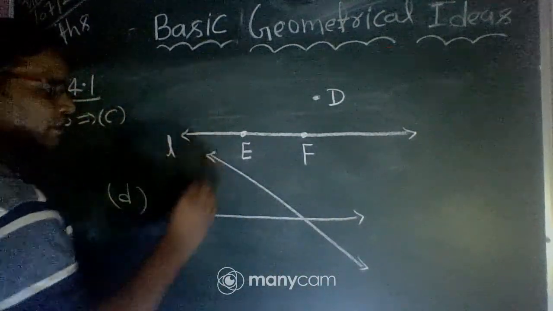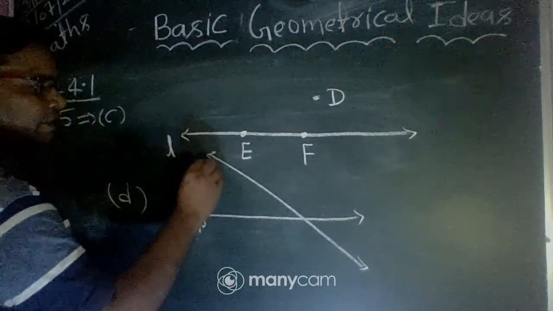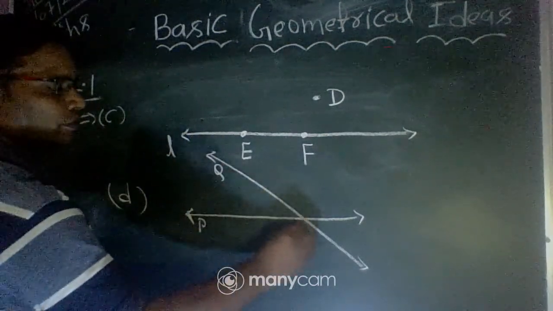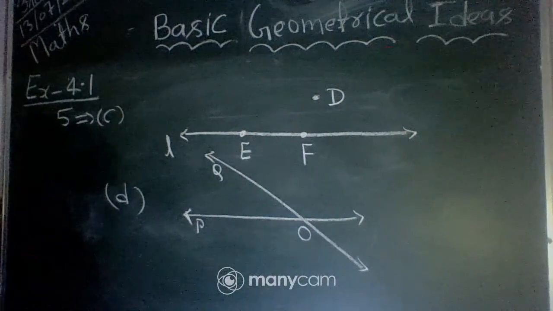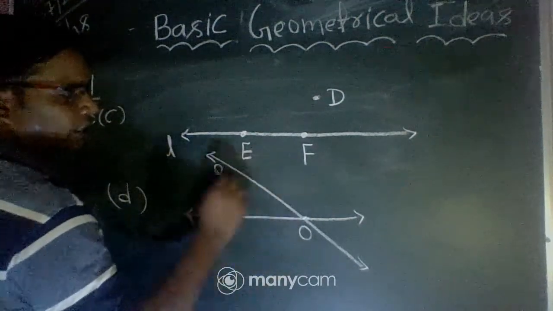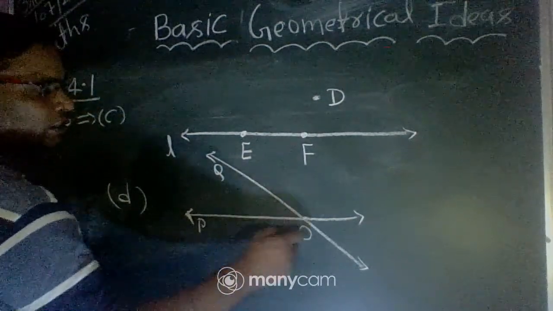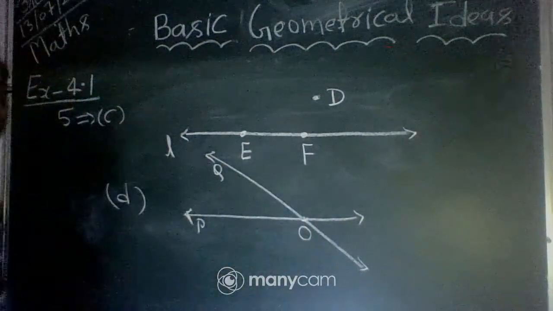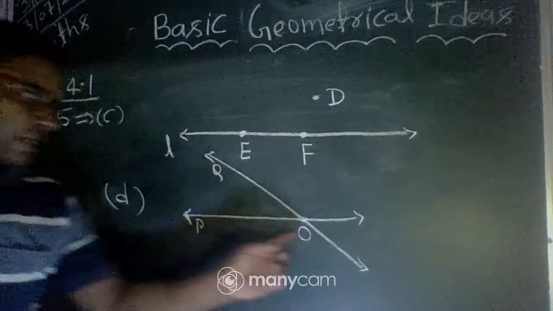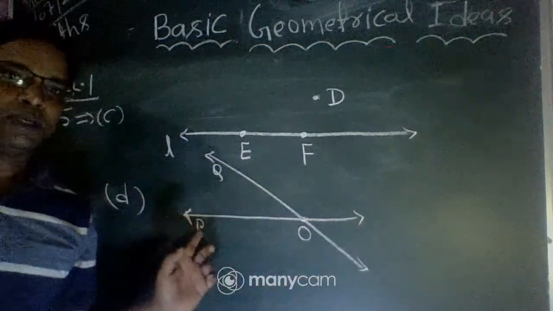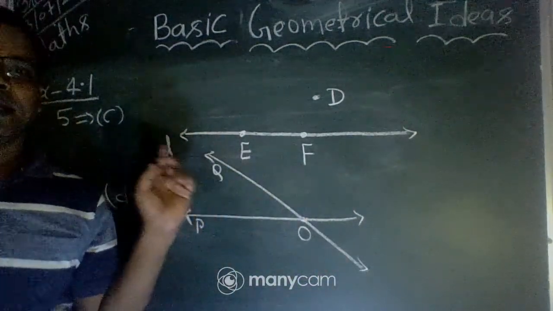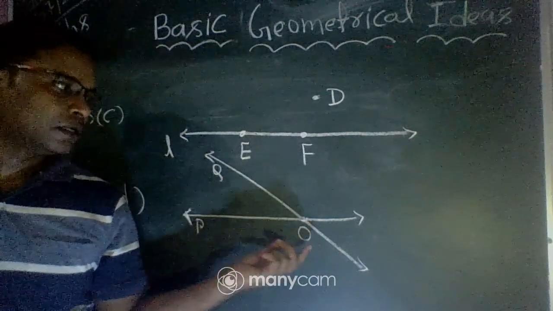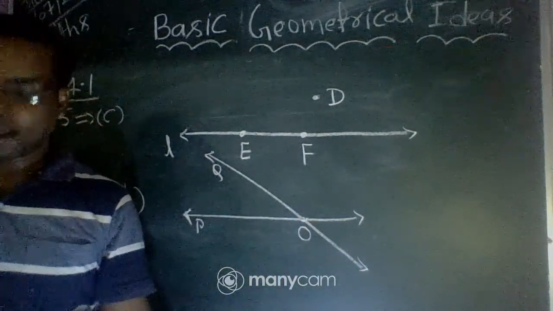This is P, this is Q, this is O. So lines OP and OQ meet at point O. Clear?